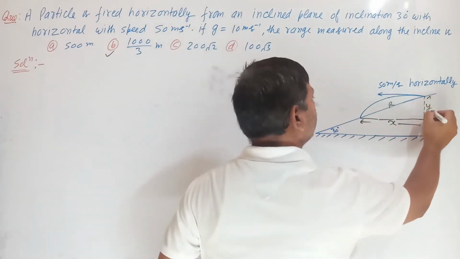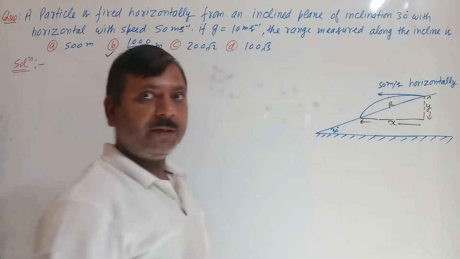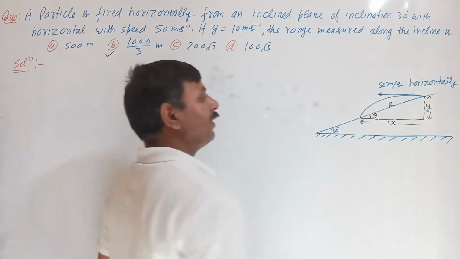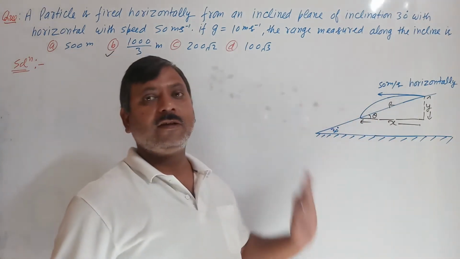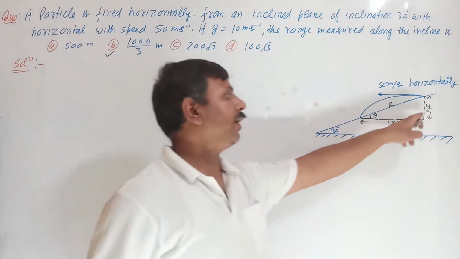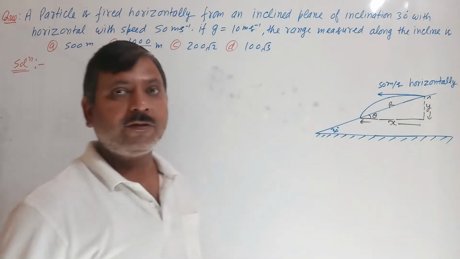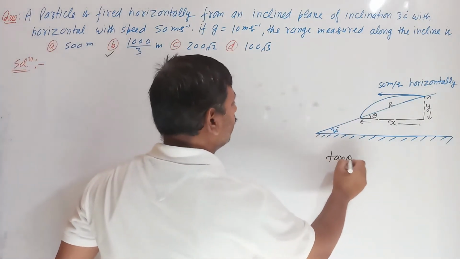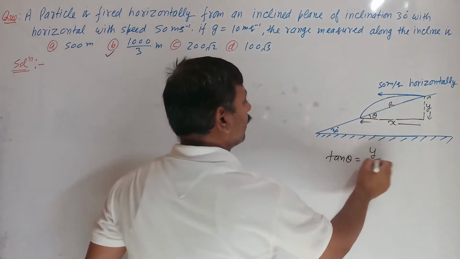I have changed in the form of vertical displacement and horizontal displacement. This is the angle of inclination of plane. So see here, what is the relation between vertical displacement and horizontal displacement? Here you can see tan theta is equal to y upon x.